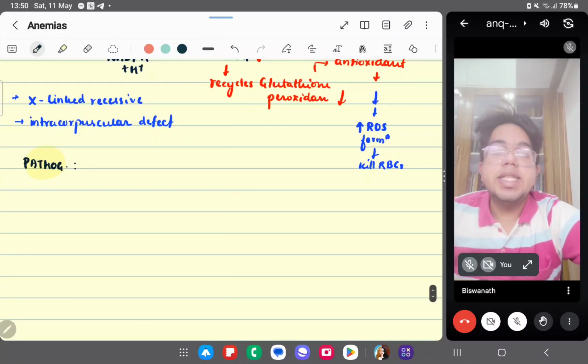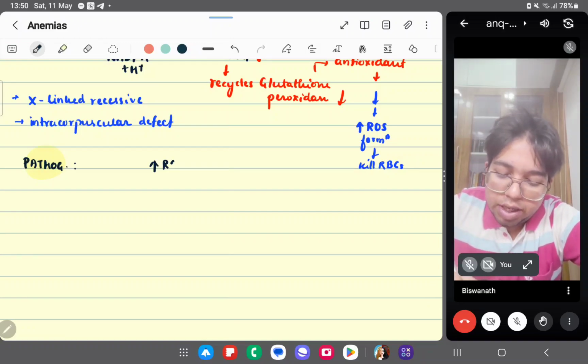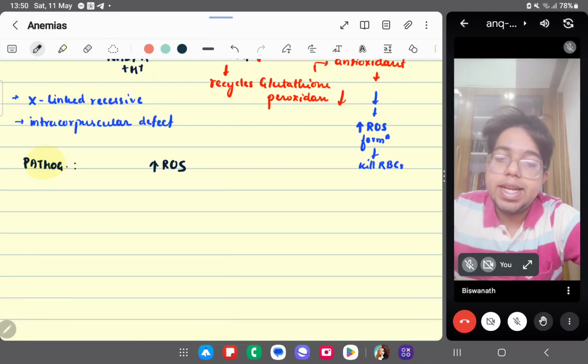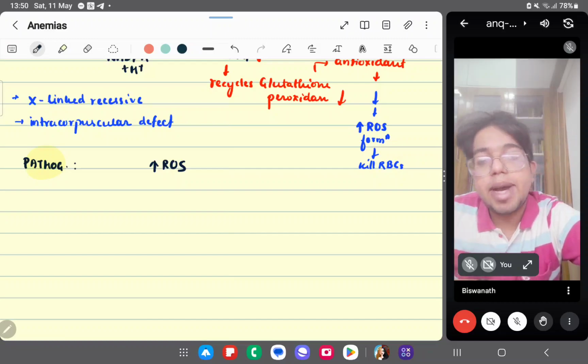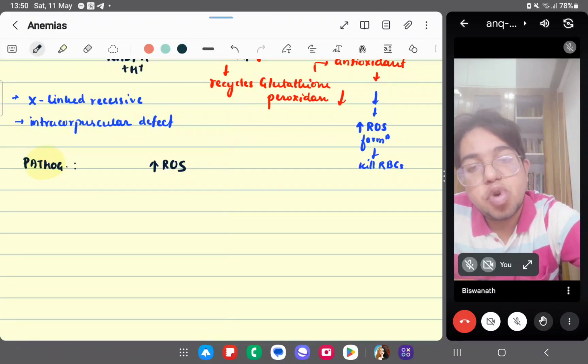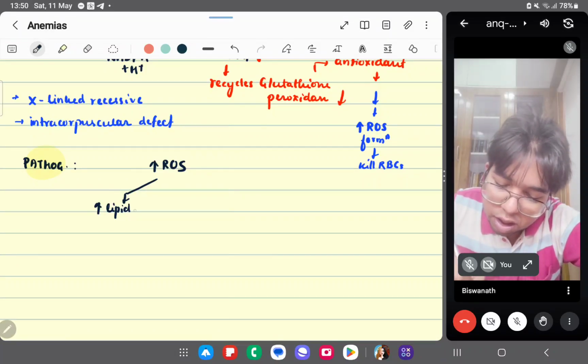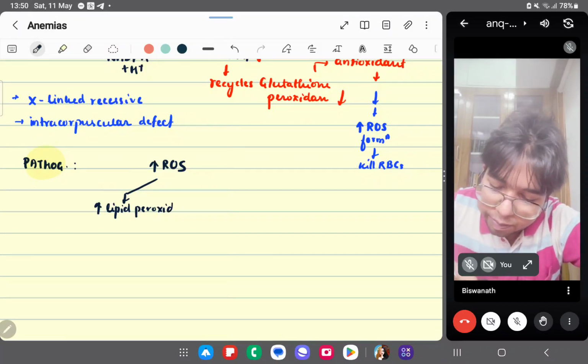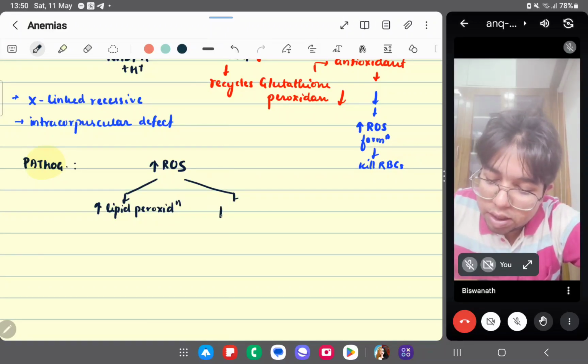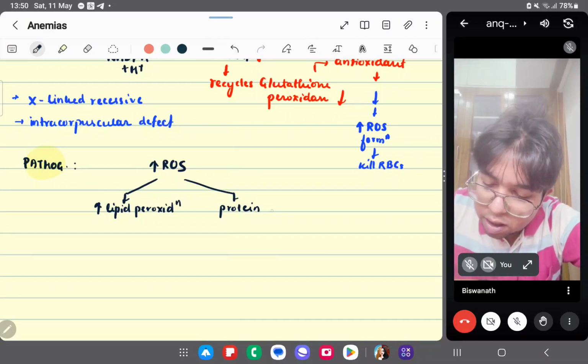Basically we have increased ROS production. Increased ROS will increase lipid peroxidation and also increase protein denaturation.